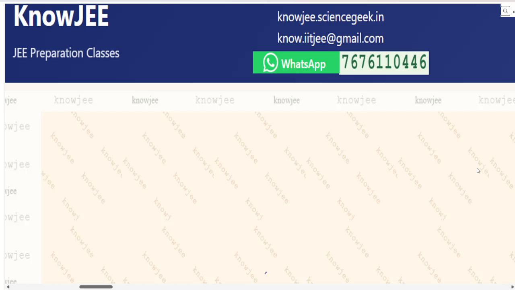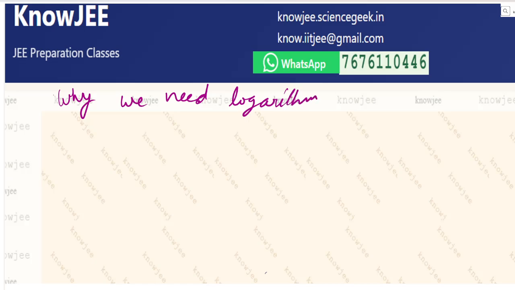Why do we need logarithm? We need logarithm to find x. For example, 2 to the power x is equal to 8.